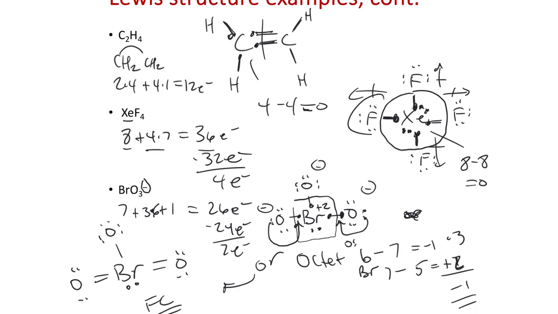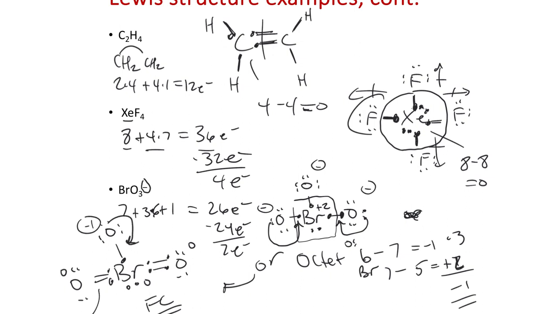And then the formal charges would work out here to be 0, 0, because those are 6 minus 6. And then bromine will be 7 minus 7 for 0. And then we have 1 minus charged O in the Lewis structure. And then we're going to have resonance kick in, and we're going to have the double bonds resonate through the molecule.